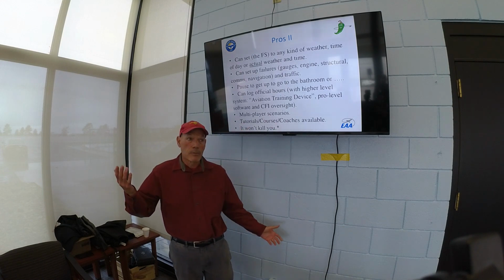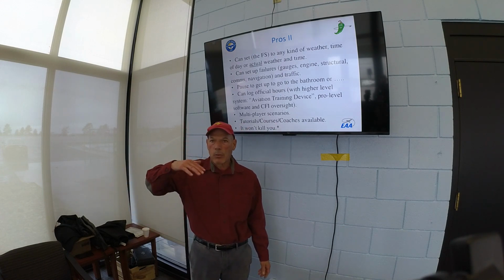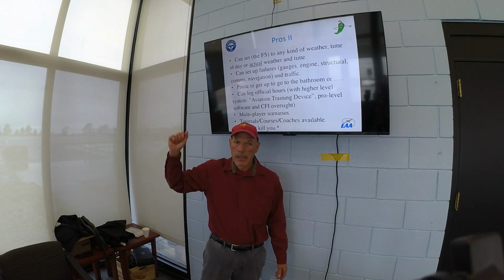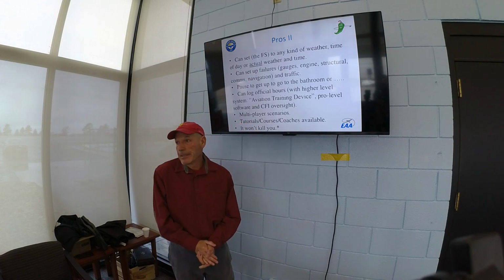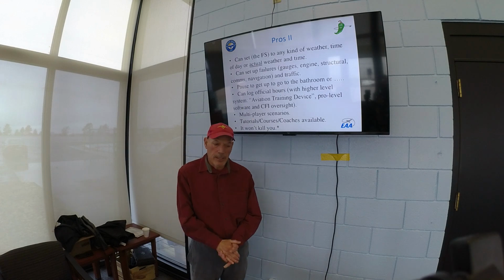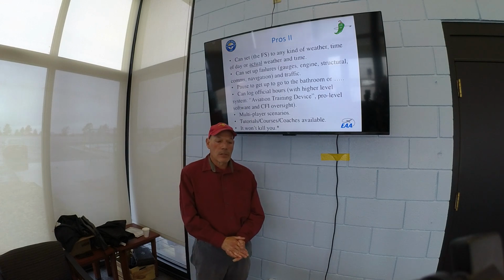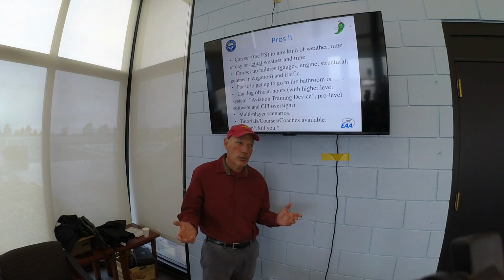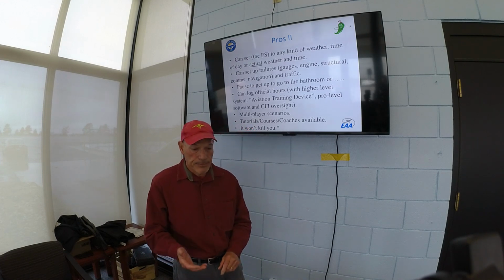On X-Plane, which is what I use, you can set the winds up at different levels and different strata. And it's a real effective training tool. You can also set up failures, failures of the gauges, structural, the engine, whatever.